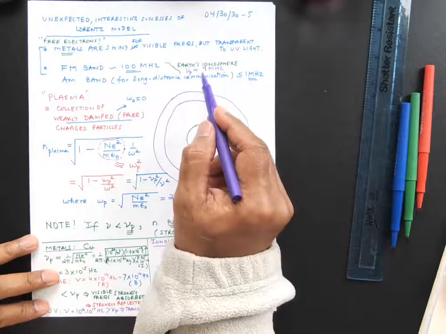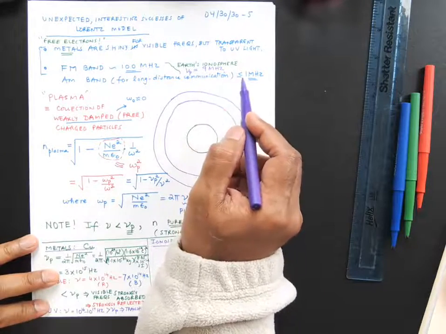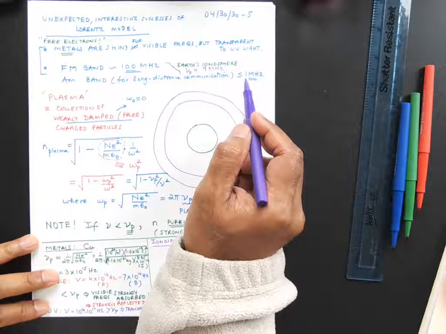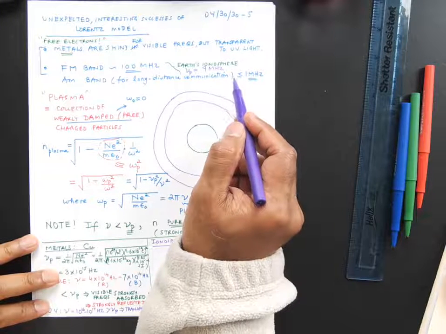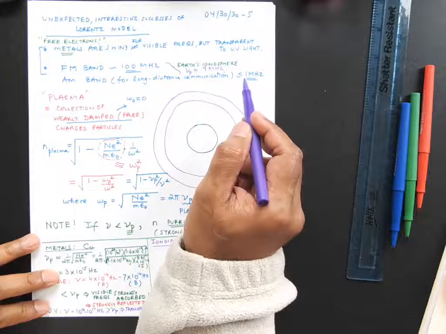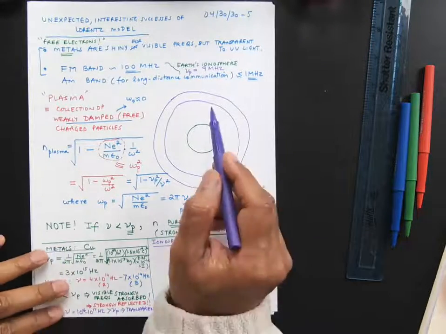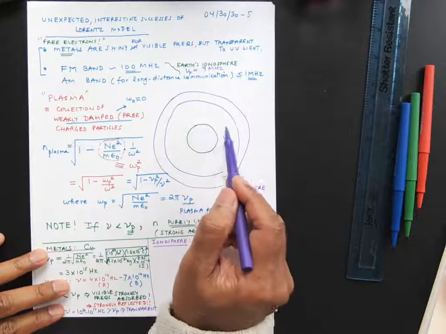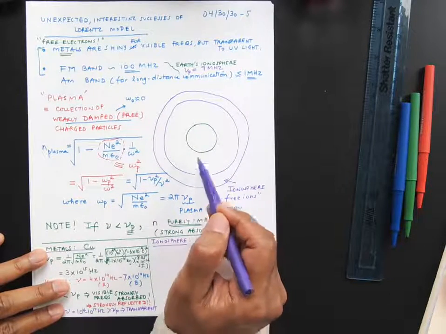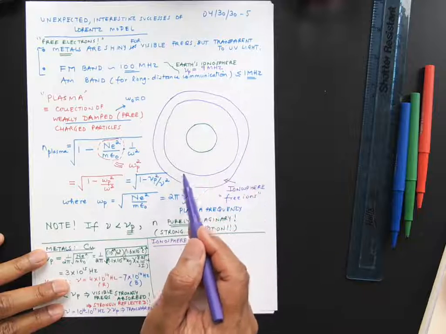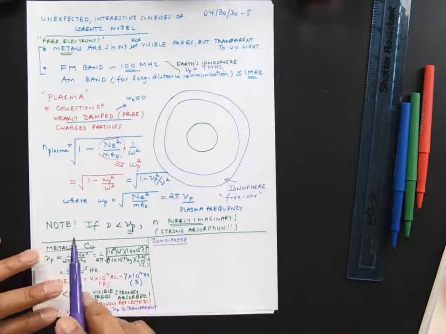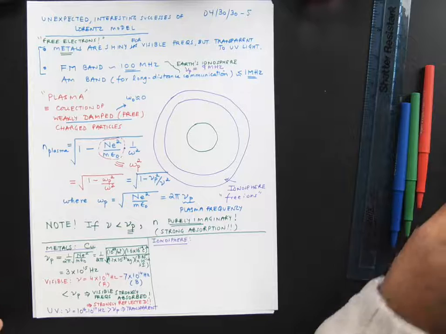But the ionosphere is a very good reflector of the AM band, because it's not transparent to it. And so you can bounce between different points and go from one point to a very far off point. But let me talk about that next time.